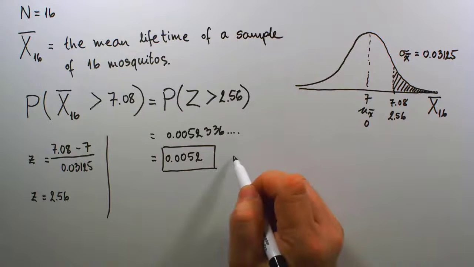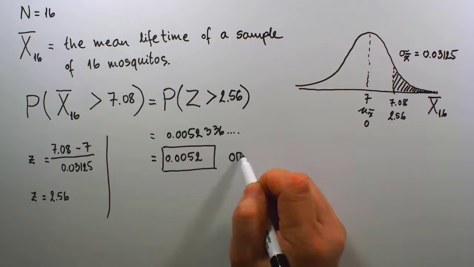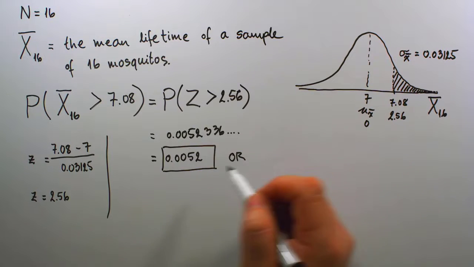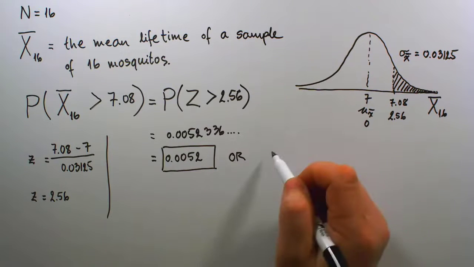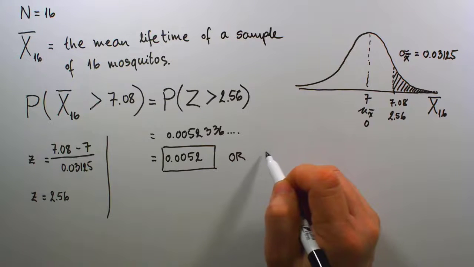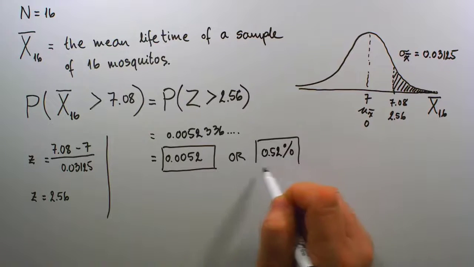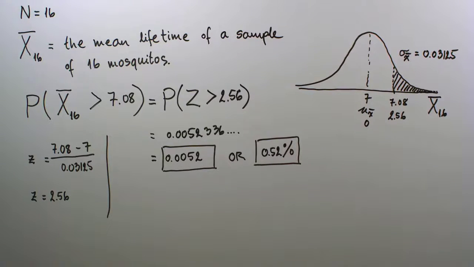And in case our final answer is required to be expressed as a percentage, then this answer here is equal to 0.52%. And so as an interpretation of this answer, maybe it's a little easier to look at the percentage here.